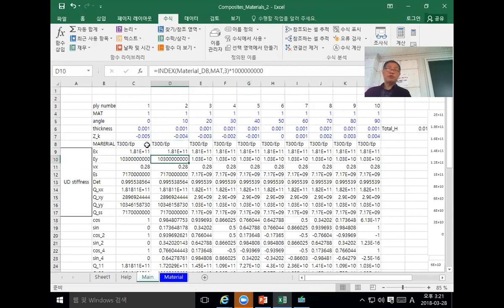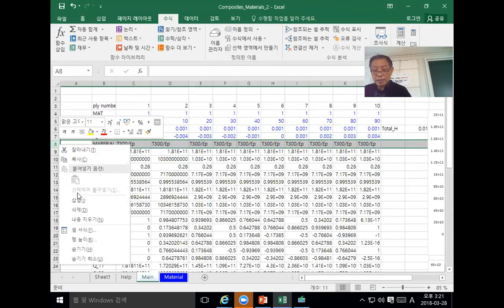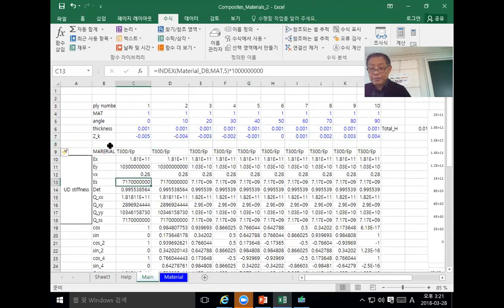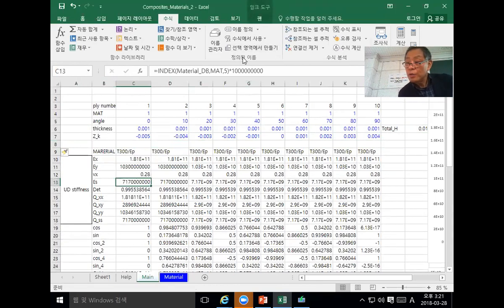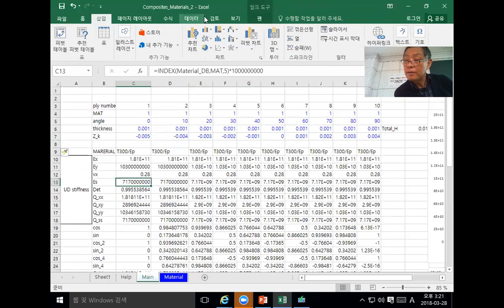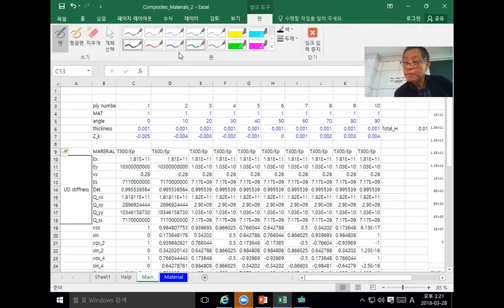Okay, that is right. One thing we need to be careful about is that we have many plies, and this one is Z1, Z2, and so on.